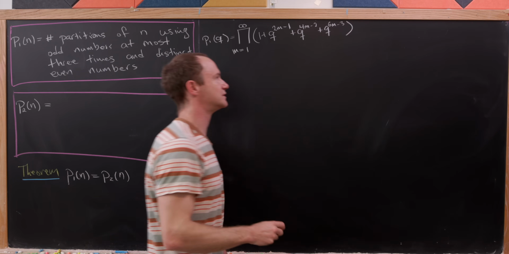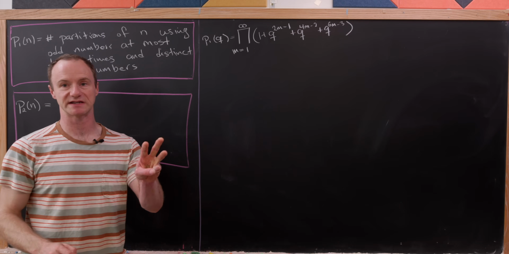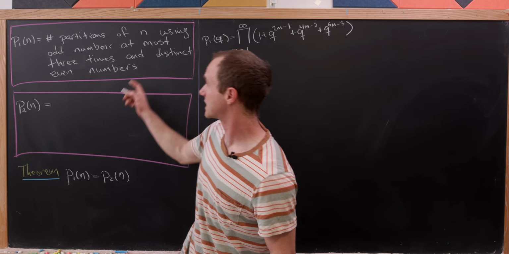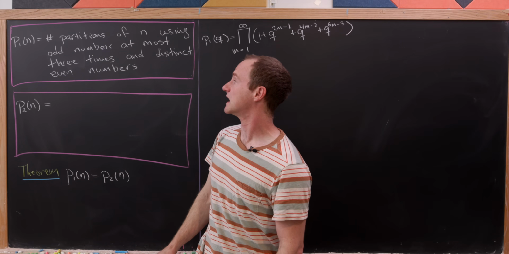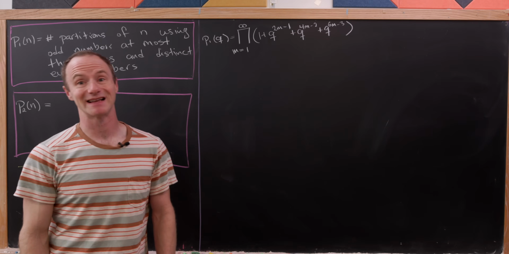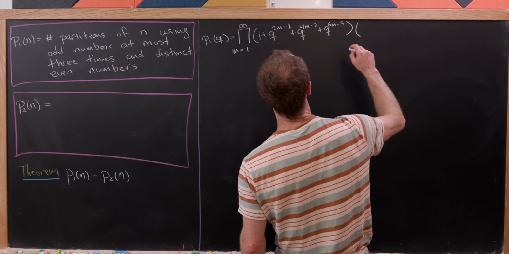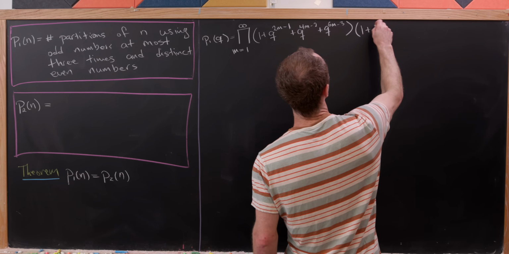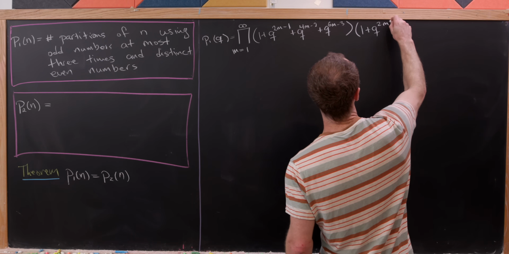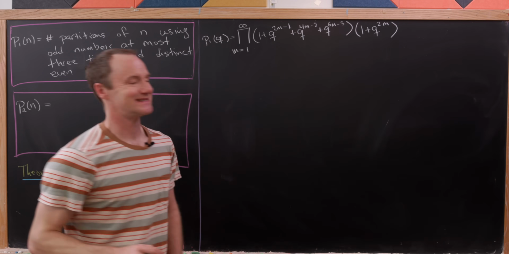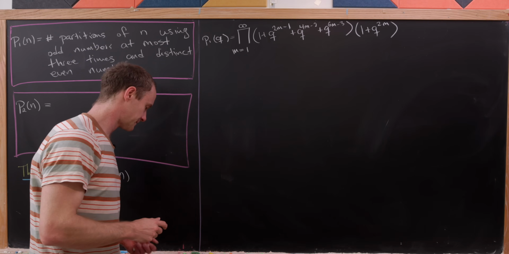That corresponds to using that odd number 2 and 3 times. We're going to cut it off there because our rule says that we can use any odd number at most 3 times. Then we're going to have times 1 plus q to the 2m. That corresponds to using distinct even numbers.